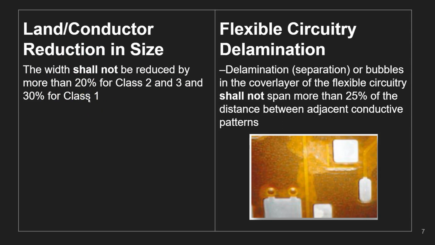So if you're working on a class 1, then 30% reduction can be acceptable. However, if you are working on class 2 or class 3 products, then only 20% is acceptable. So this much reduced size is acceptable.